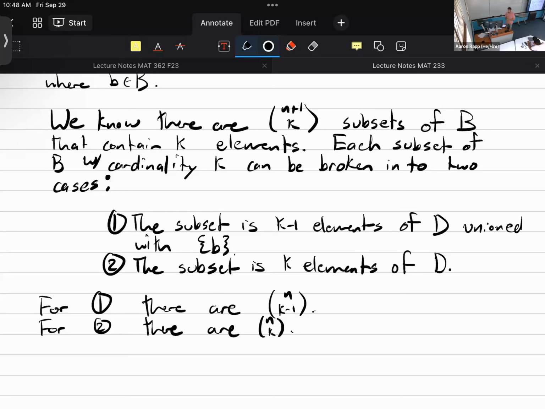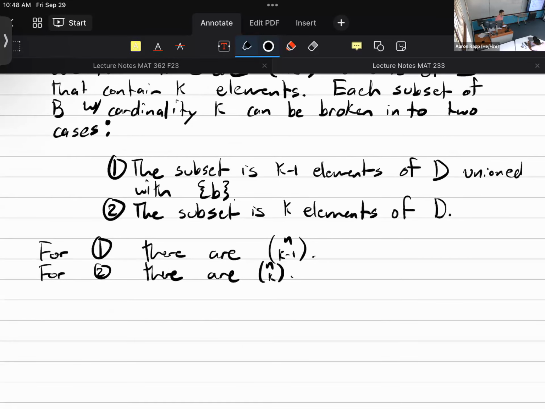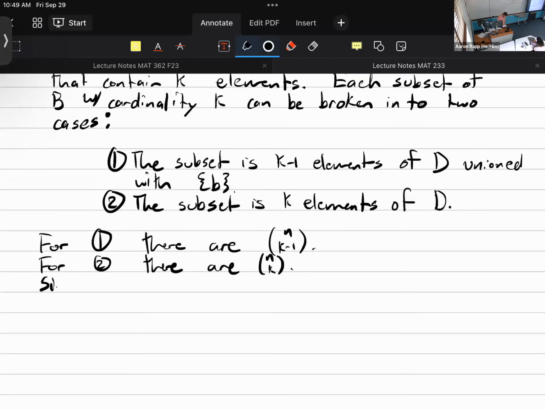And if I'm considering disjoint sets, well, the number of subsets that I can choose for the first one, or the number of subsets that I can choose for the second one. When I turn that into mathematics, that or statement becomes a plus. The cardinality of A or B is the same thing as the cardinality of A plus the cardinality of B, if 1 and 2 are disjoint.